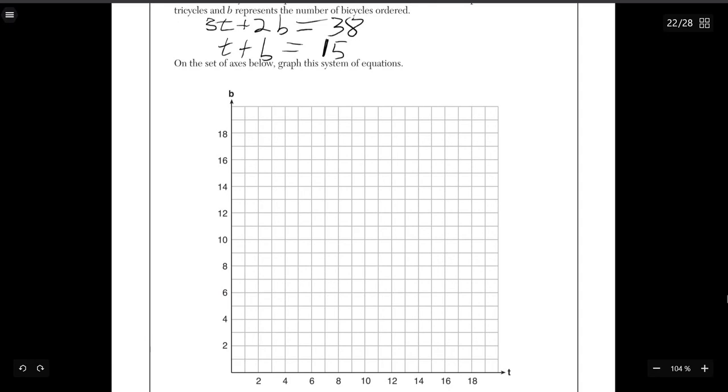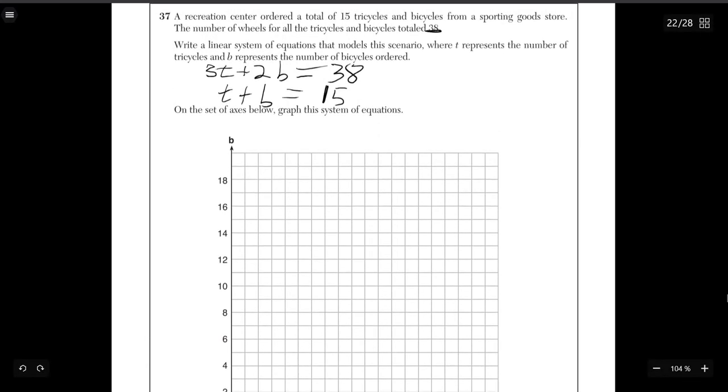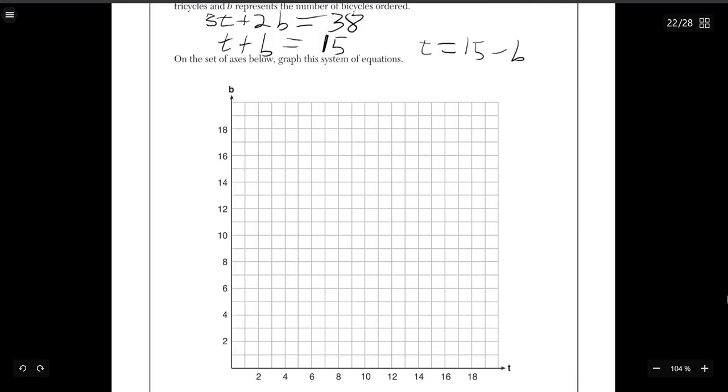So that's easy, you just keep going down. Or you could isolate t, get t alone, and you would get t equals 15 minus b.